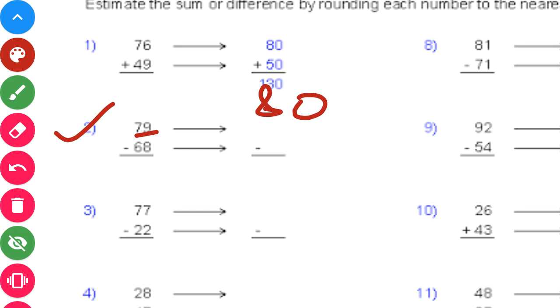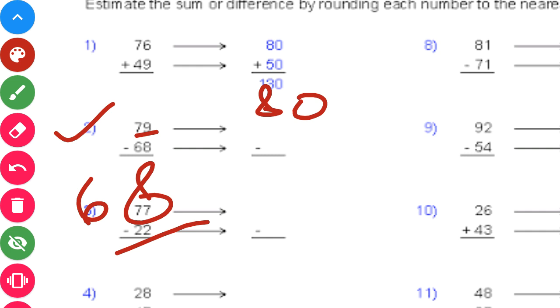80. Now 68. Now 8 is given at ones place, isn't it? So this 8 is greater than 5.